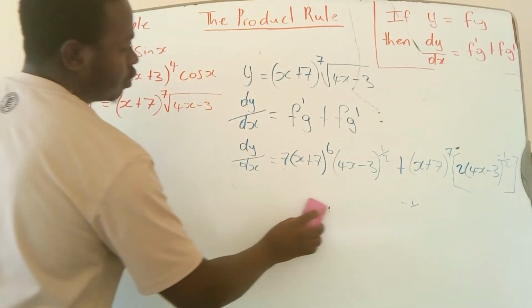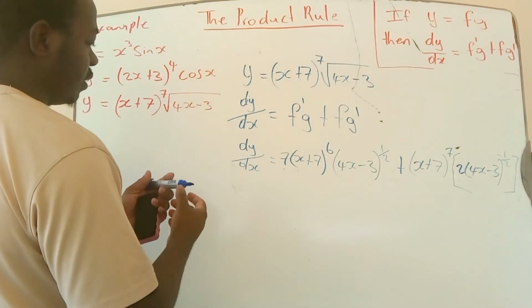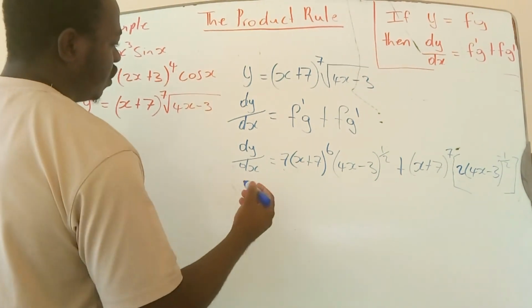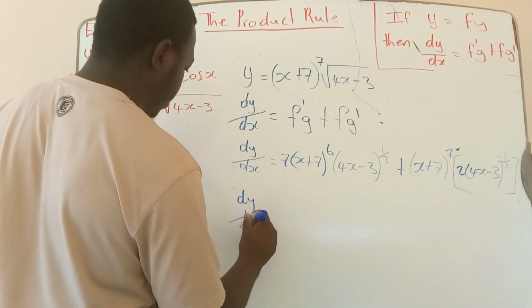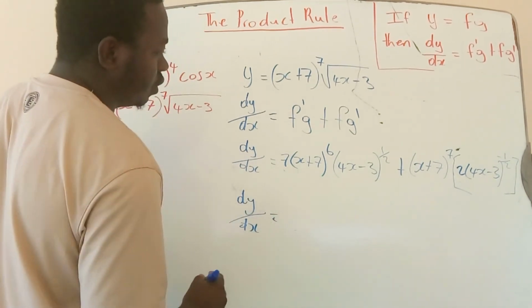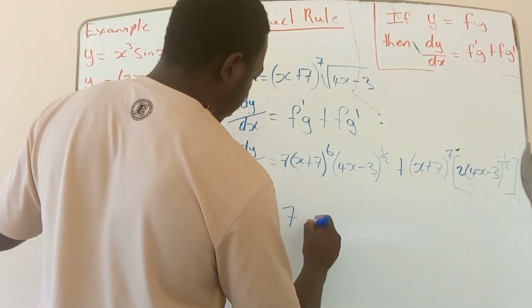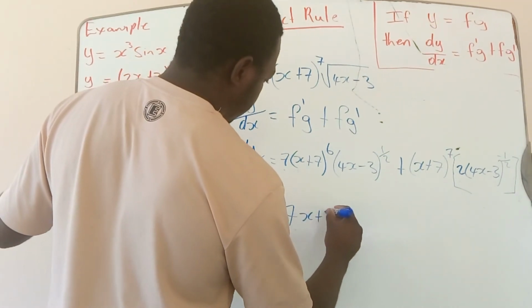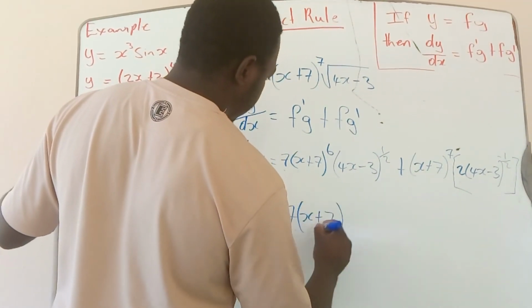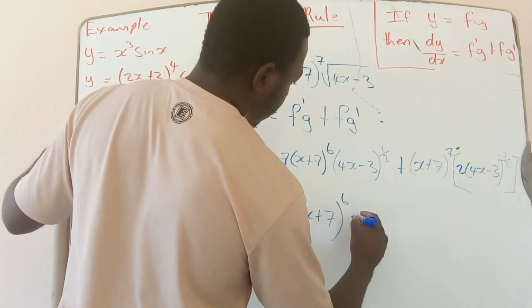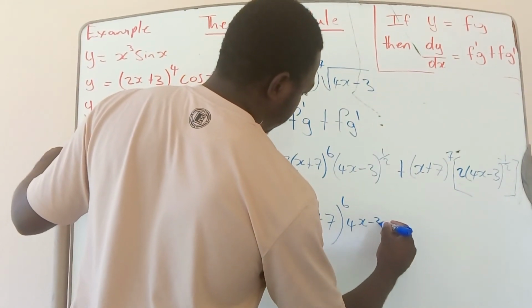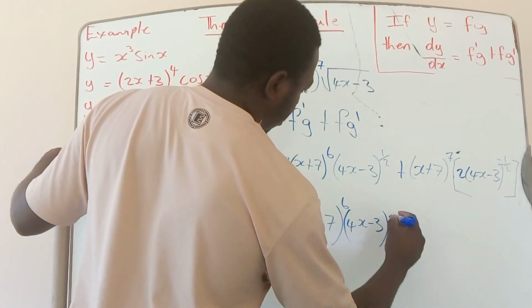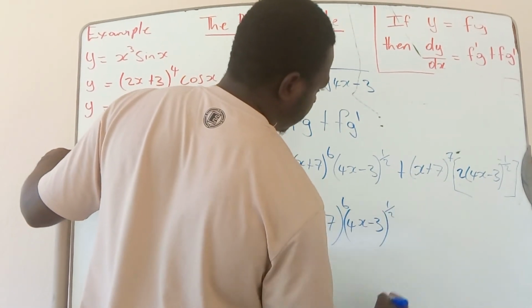But we could also clean it up a little bit more here. So let me just show you how you could clean it up a little bit more. So this you could write as dy by dx is equal to 7(x + 7), all of that raised to the 6th power, times (4x - 3), all of that raised to the 1/2.